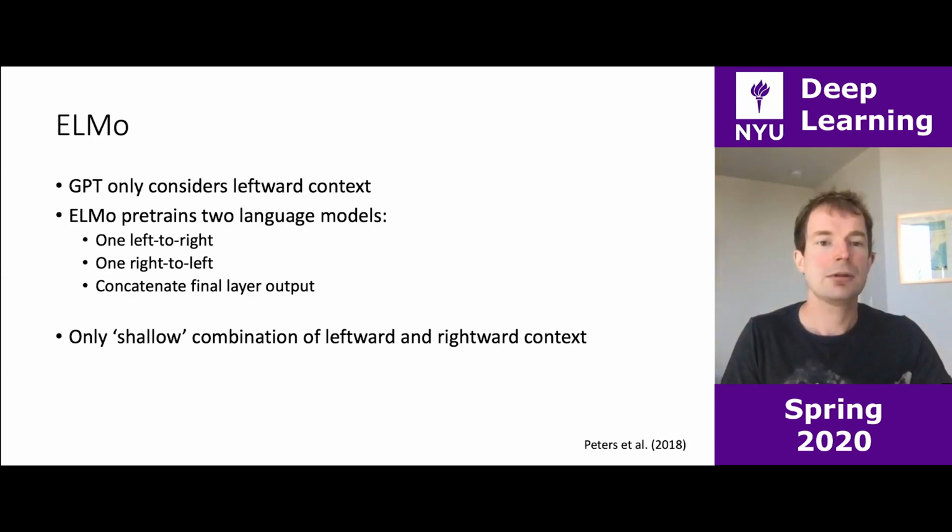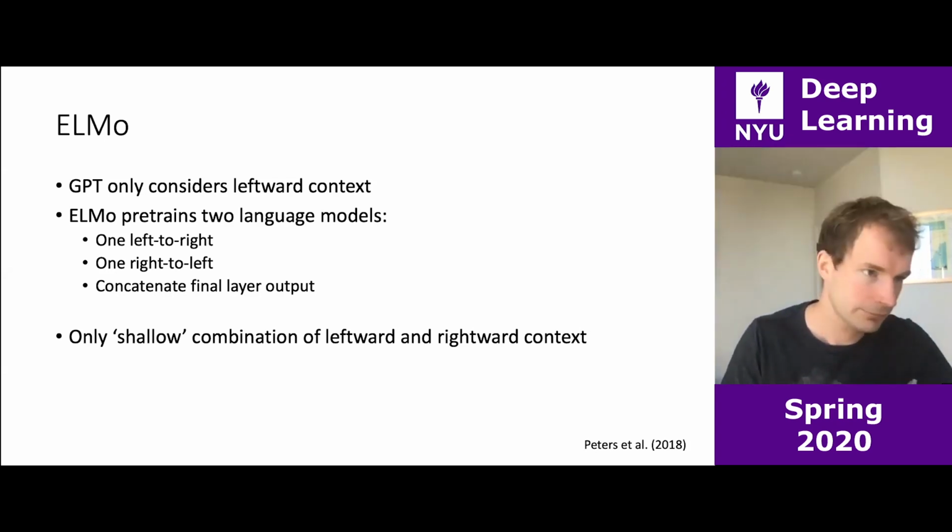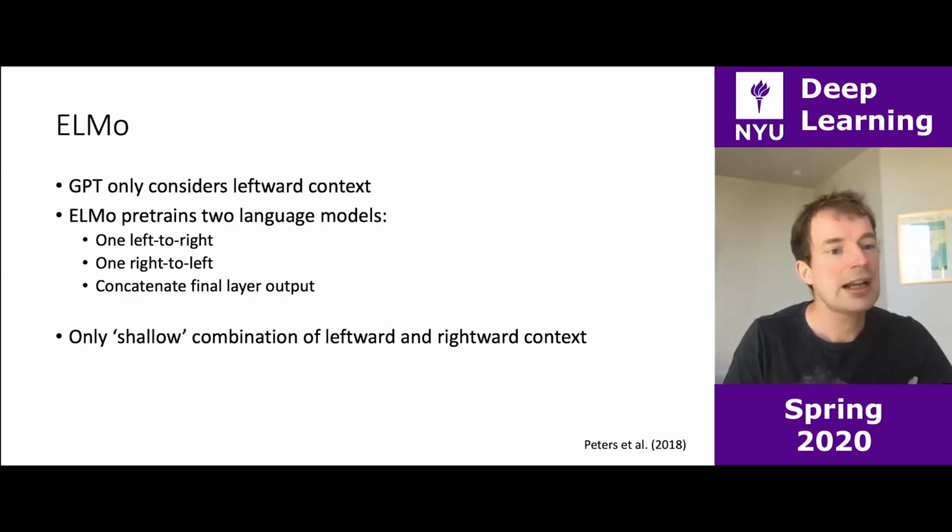And then you get word representations by concatenating the output layers of your left to right model and your right to left model. So this model is in some ways better in that now your word representations can condition on left word context and on right word context. And that's really helpful for lots of tasks.